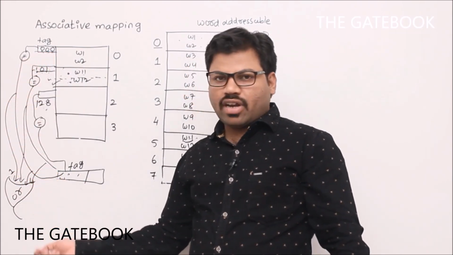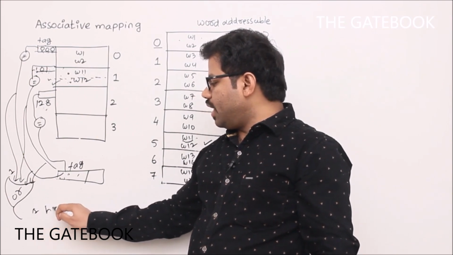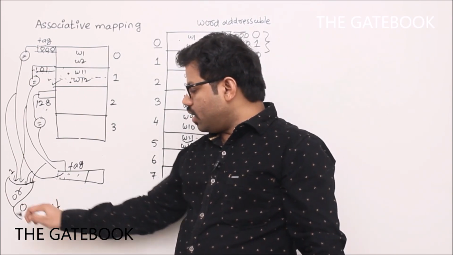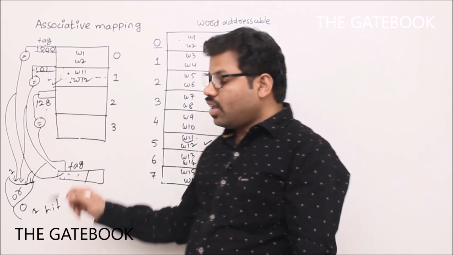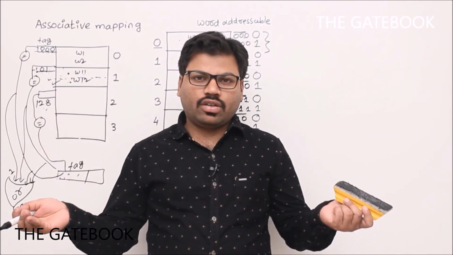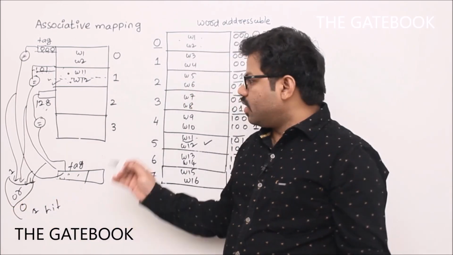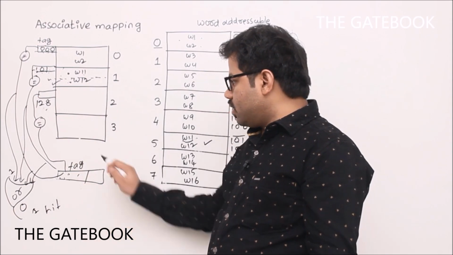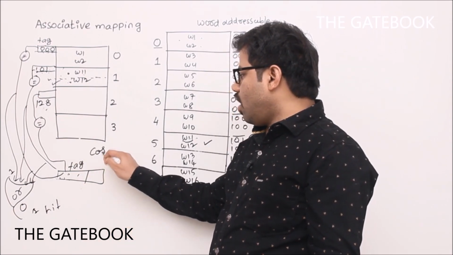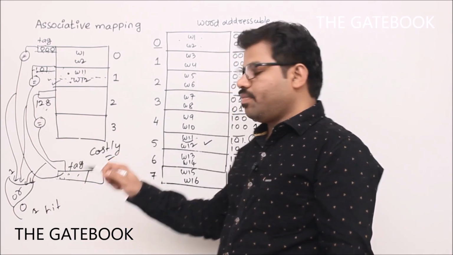In the OR gate, if one of the inputs is 1, then you get 1. That means hit. If the output of the OR is 0, that means no tag matches, then the output is 0. Then we can do it in one comparator time. Understand? But the problem, unfortunately, is that you need a lot of comparators, so it will be costly, right? Hardware will become very costly, right?